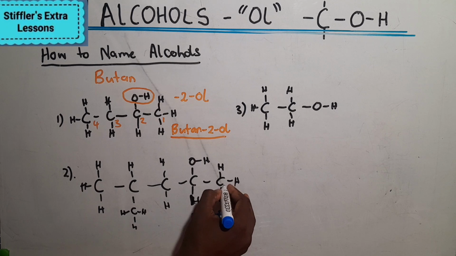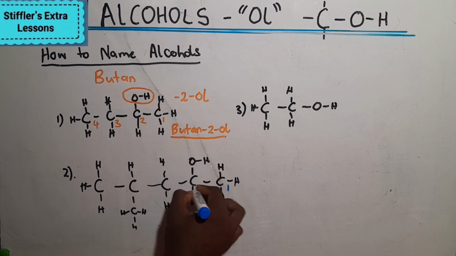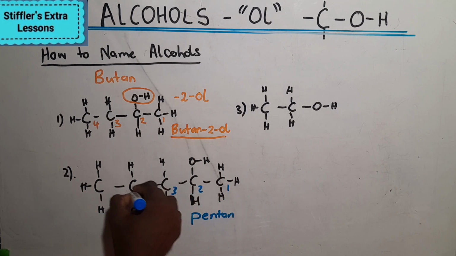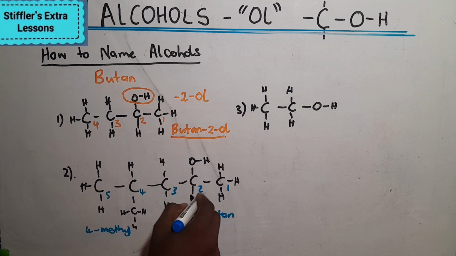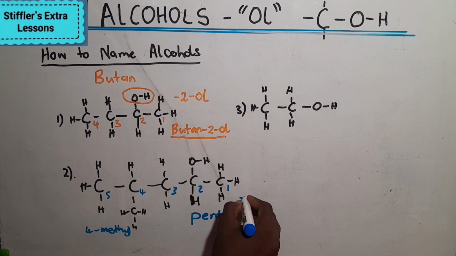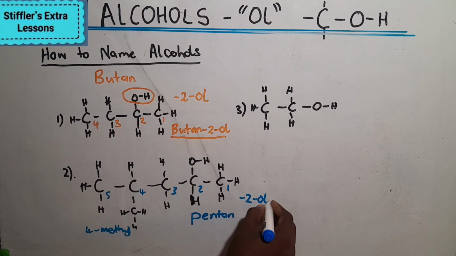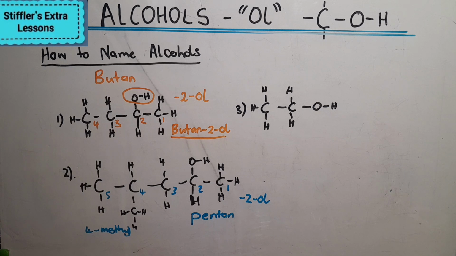So it means that we are going to number from this side. So 1, 2, 3, 4, 5. So on carbon number 4, we have a methyl, and on carbon number 2, we have the -ol, right? Just like in the previous, we first name the branch, and then comes the parent chain and the functional group.